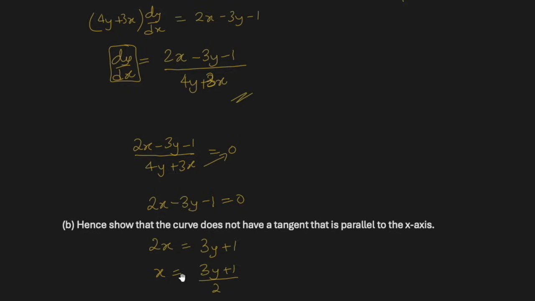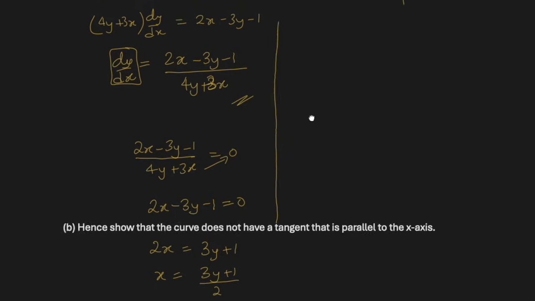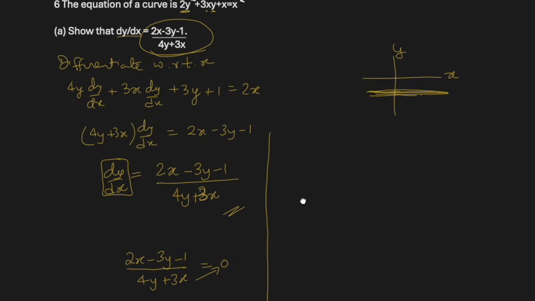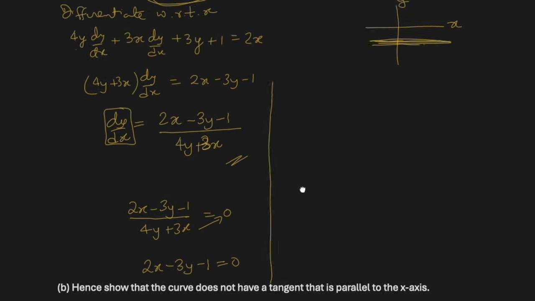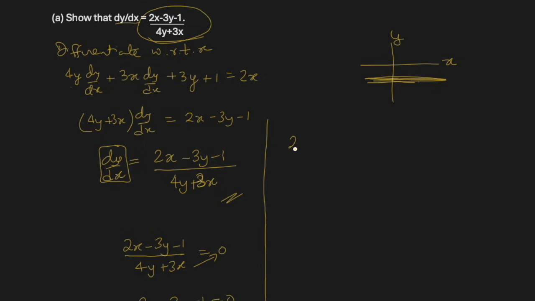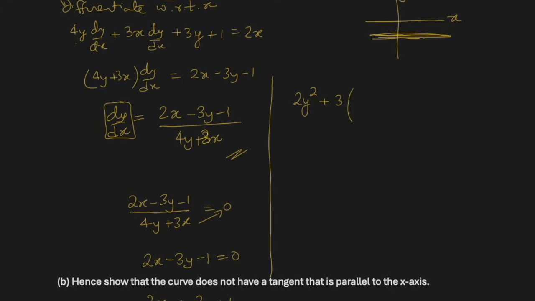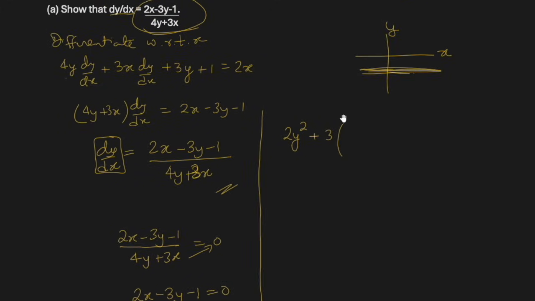Now, the x coordinate, if there is a tangent, will be where x is equal to 3y plus 1 over 2. Let's see if it is possible by substituting this value in the main equation, which was this: 2y square. So I'll write 2y square. Then 3xy, 3, and in place of x, I will write the value I just got, 3y plus 1 over 2.